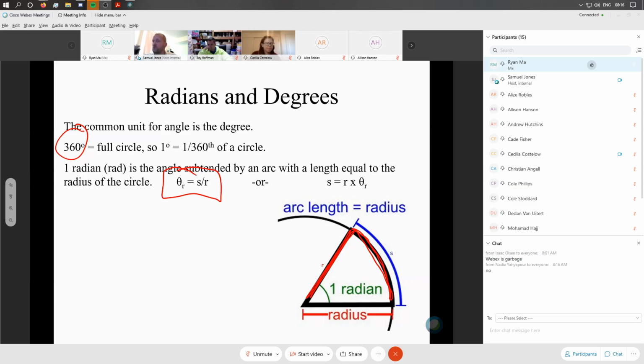No, they don't, because it's the ratio between two lengths. And this one is interesting because it means radians don't have units. And we're going to see the consequences of that in some of the examples coming up.